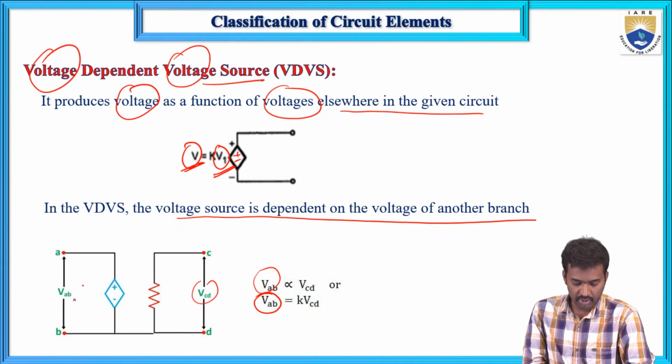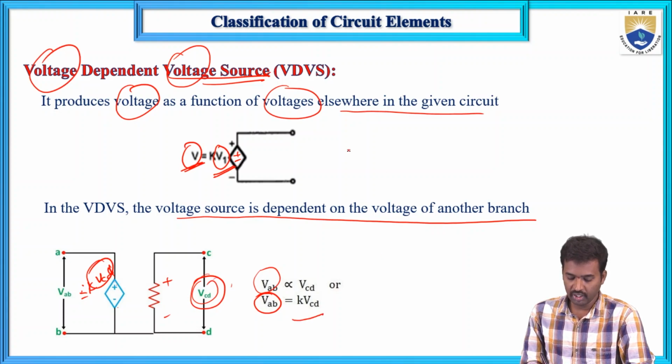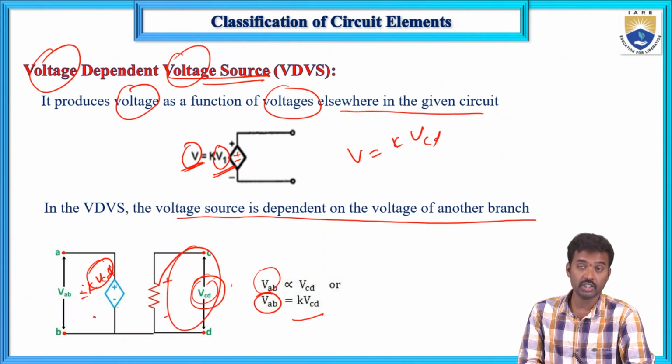VAB equals K into VCD. The plus minus indicates a voltage source, and this value is not fixed. It depends on the voltage across this CD element. So it is not a fixed value.